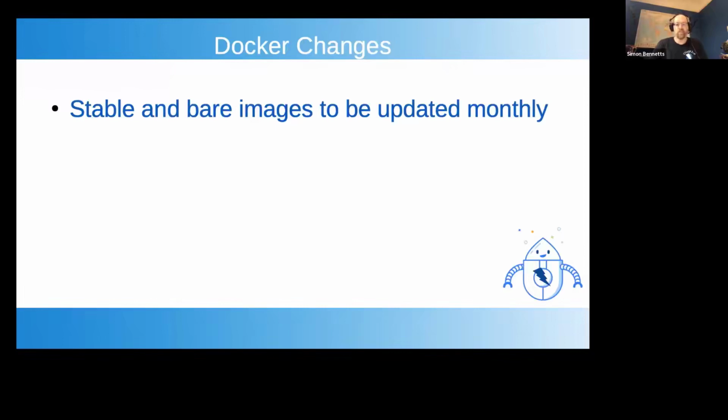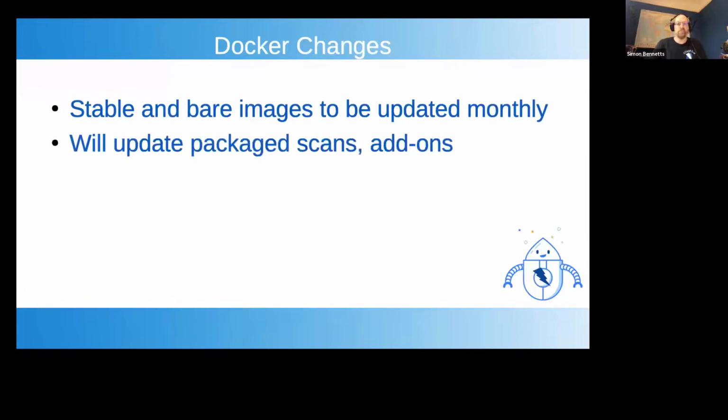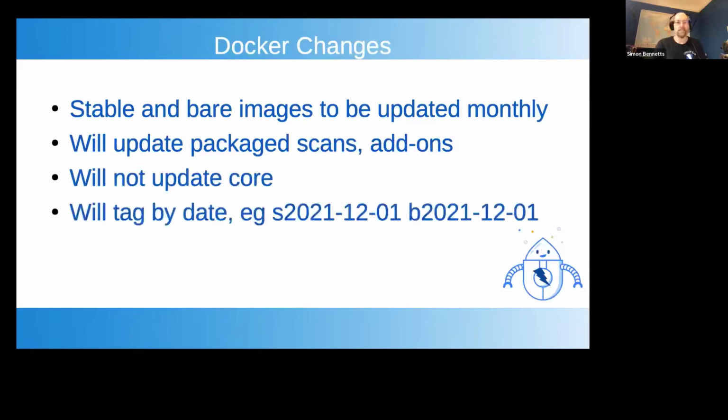Every month, early in the month, not necessarily on the first, we'll update the package scans, which are included with the Docker images, and the add-ons. We will not update the core. So the core will stay as ZAP 2.11, but the add-ons and the package scans will be updated.